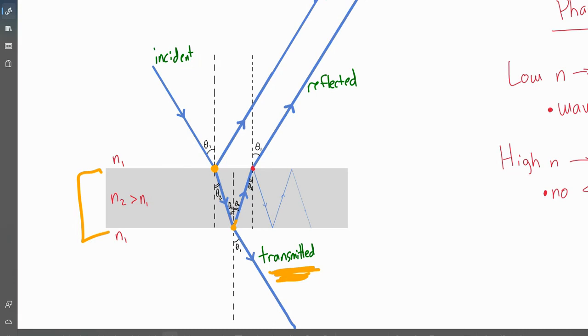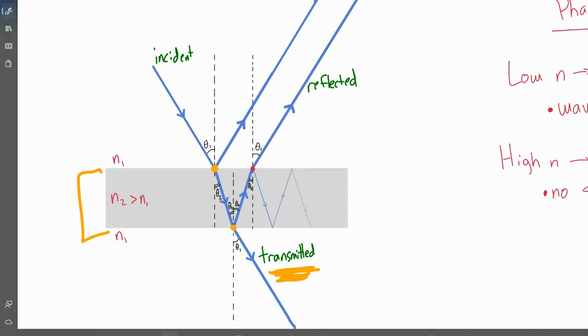Then the reflected light from back up here goes up. Some of that will get transmitted, some of it will get reflected. Same thing's going to be true down here. When we hit that point, some reflected, some transmitted. Up here, some reflected, some transmitted. Down here, some reflected, some transmitted. And that just goes on and on until the intensities are so low that you can't even see it.